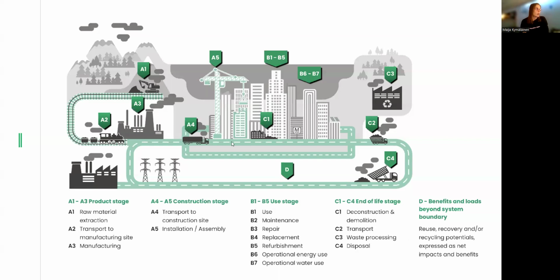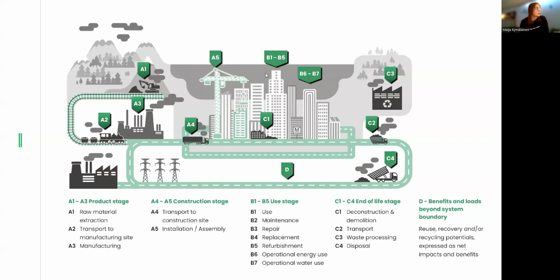We can transport the products onto the construction site, A5. And construction site operations basically contain everything that happens at the construction site when we assemble the building. And this also represents the boundary for upfront. So this is our practical completion. So if we have A1 to A5, it's called cradle to practical completion.